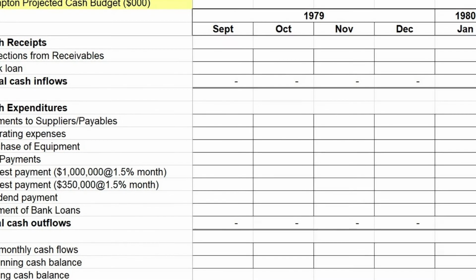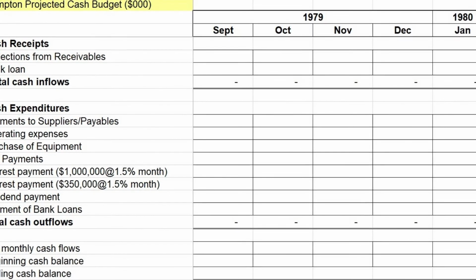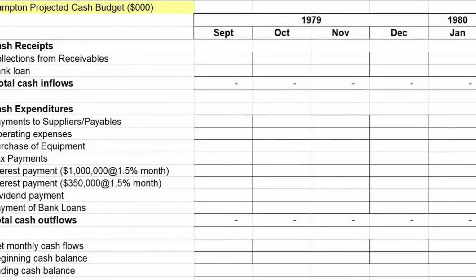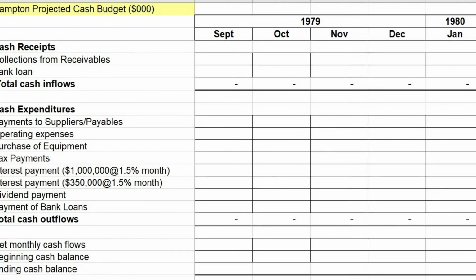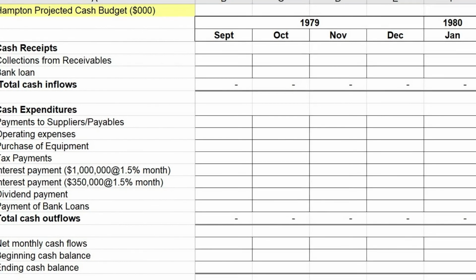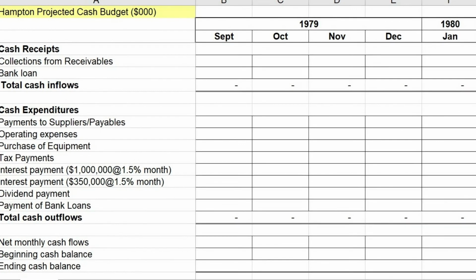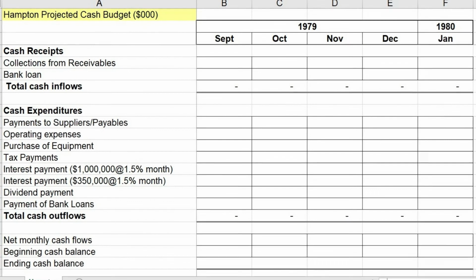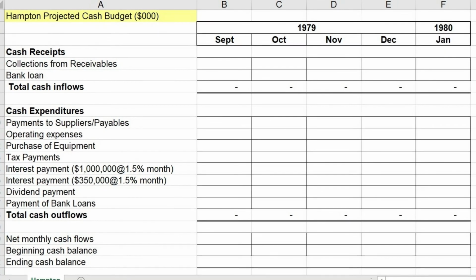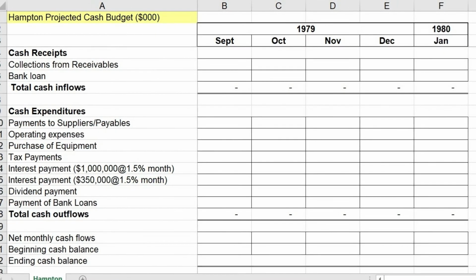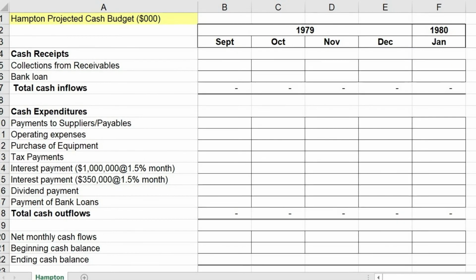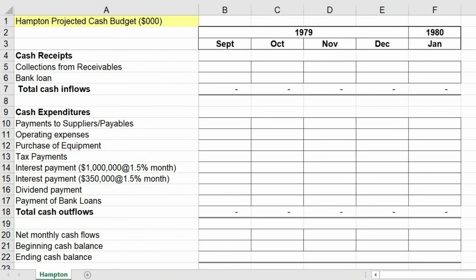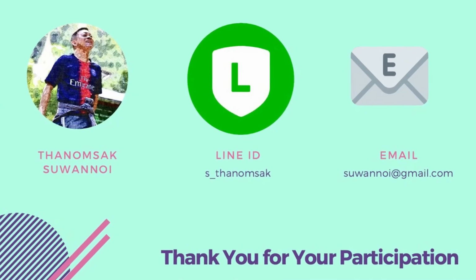You are on a cash management schedule of 4 to 5 months at the end of the year to convince the bank that Hampton deserves, first, an extension of an existing $1 million loan. Second, an additional loan of $350,000. And third, all in all, the company should be able to pay back to the bank $1.35 million at the end of 1979. Good luck on this case analysis.